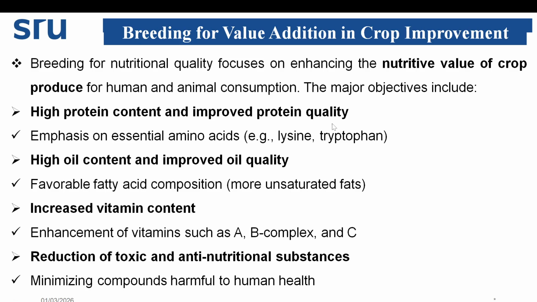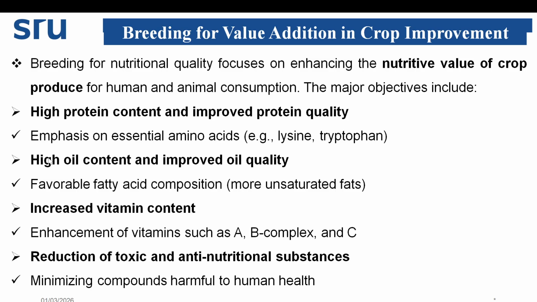Breeding for nutritional quality will focus on enhancing the nutritive value of crop produce for human and animal consumption. So the major objectives will include first, high protein content and improved protein quality. So emphasis on essential amino acids, for example lysine and tryptophan. Second objective, high oil content and improved oil quality.